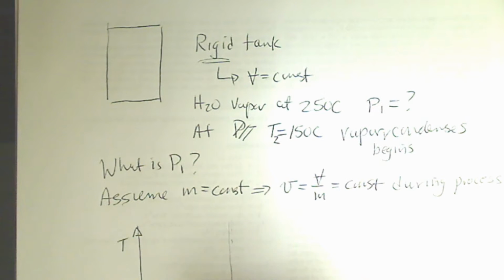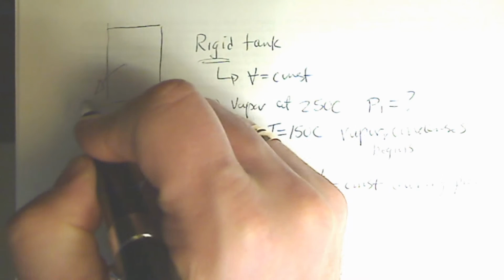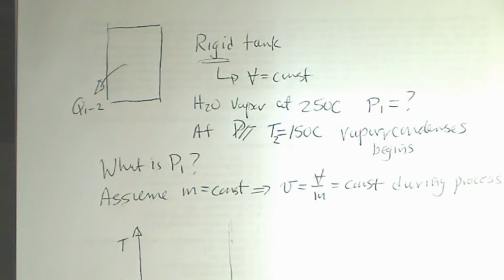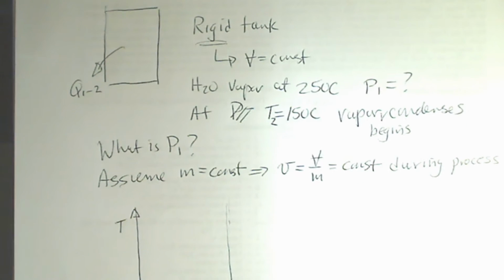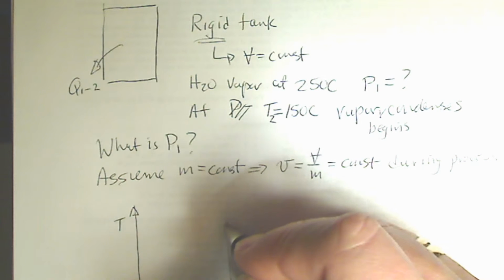Whatever the volume is, V1 equals V2, it has to be a constant. And if we're cooling this off, then the temperature will decrease, so cooling is in this direction.